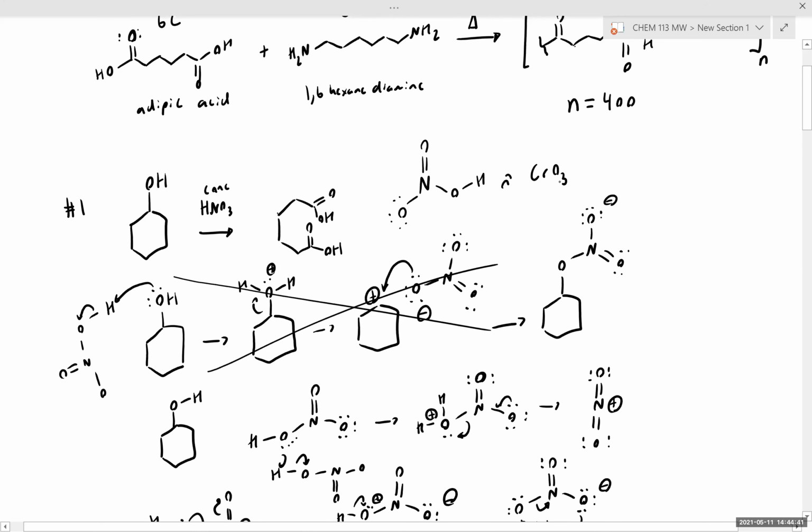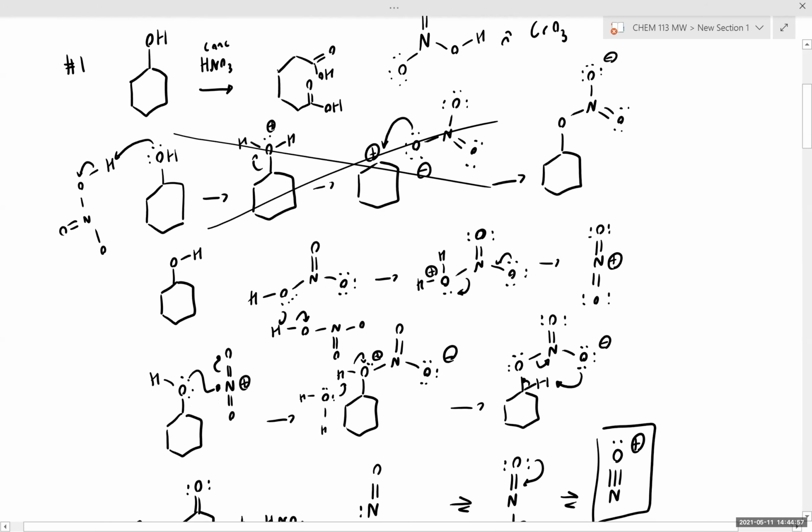So in this reaction, we're going to be oxidizing our substrate and reducing nitric acid to nitrous acid and nitrite equivalents. So yeah, this is sort of an incorrect proposal.